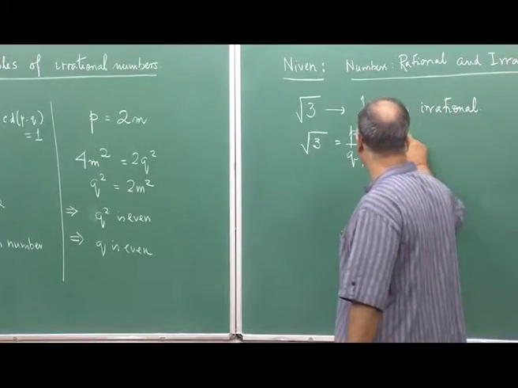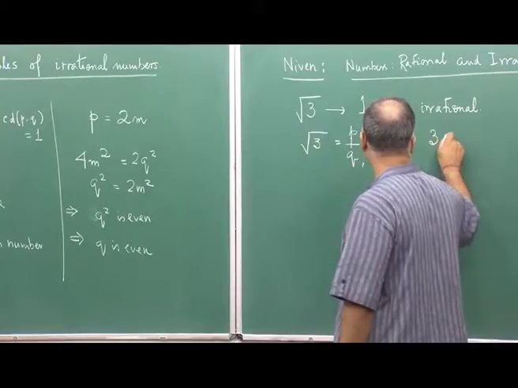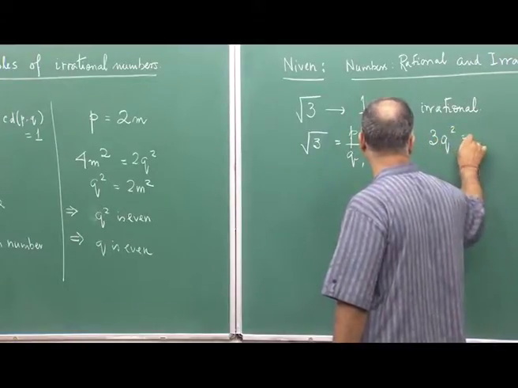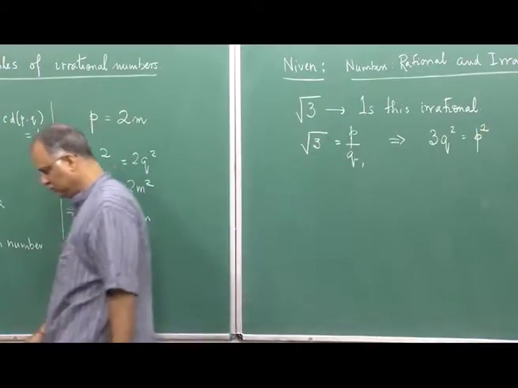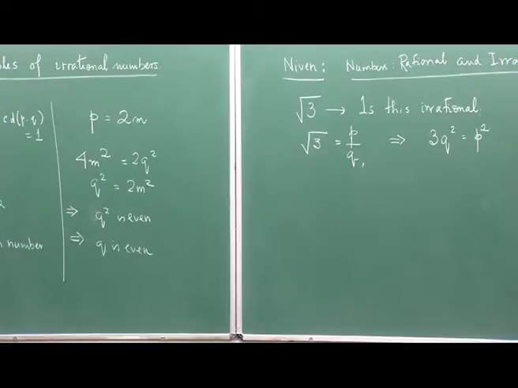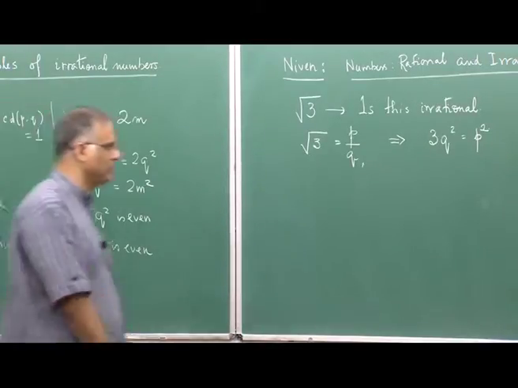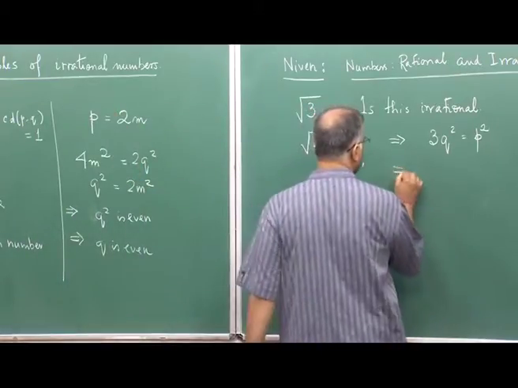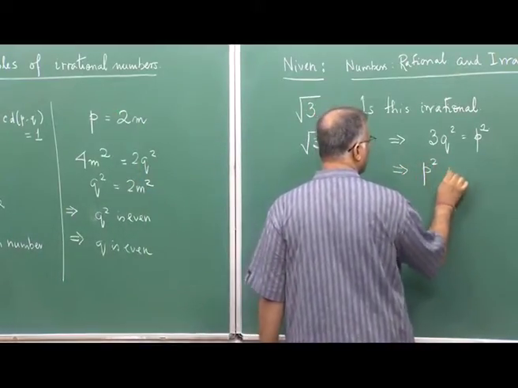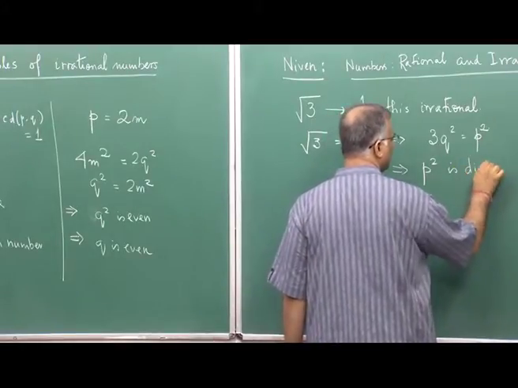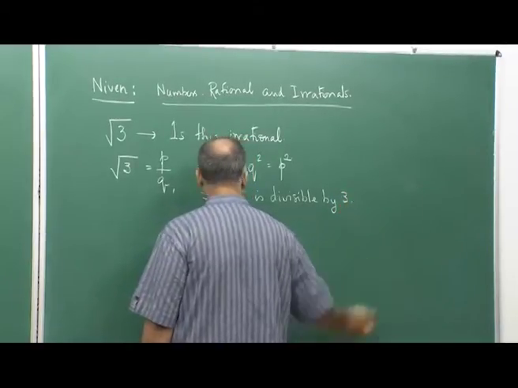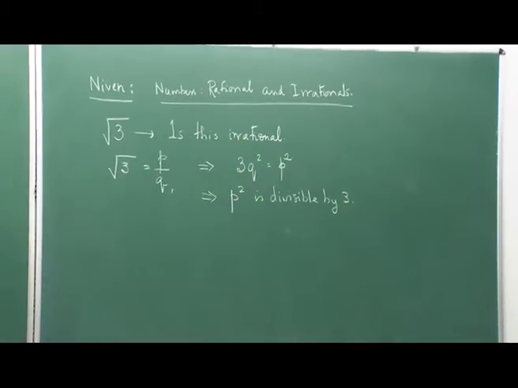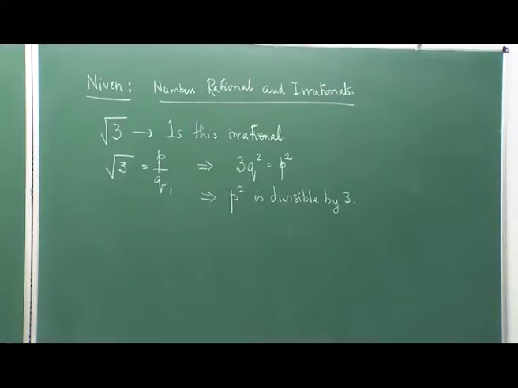So, this would imply that 3 Q square is equal to P square. What it simply means is that P square is divisible by 3.